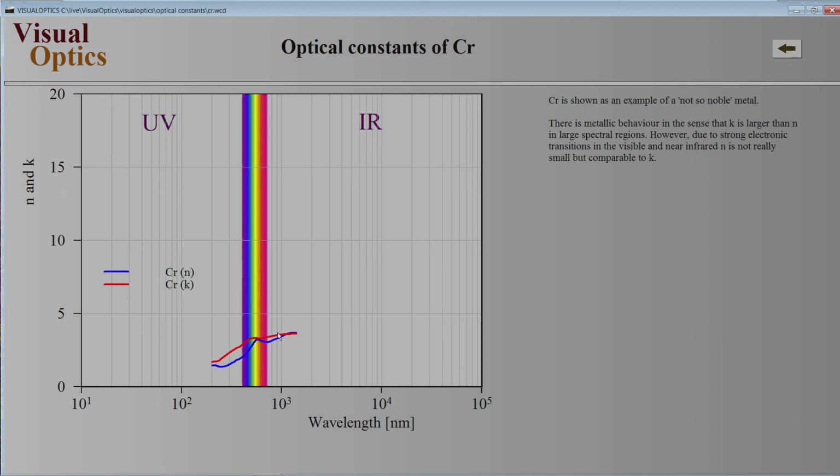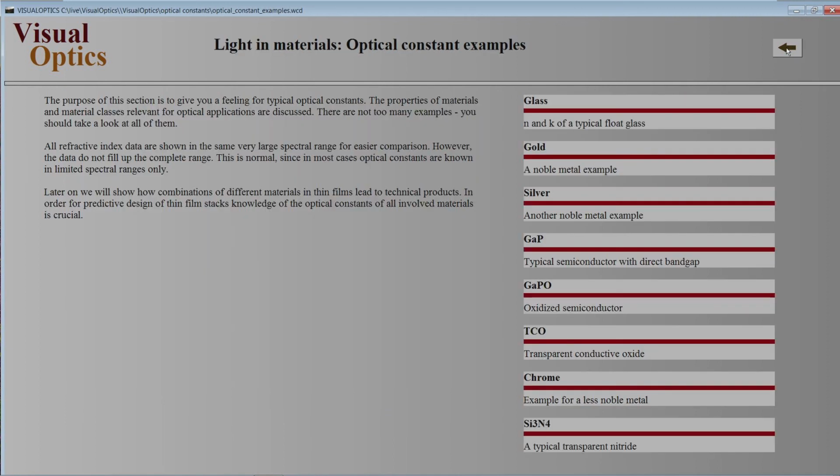That means very strong absorption. Remember the skin effect that I discussed in the beginning. And this means that chromium absorbs light very efficiently almost everywhere, ultraviolet, visible, and also near infrared. Let's take a look at gold.